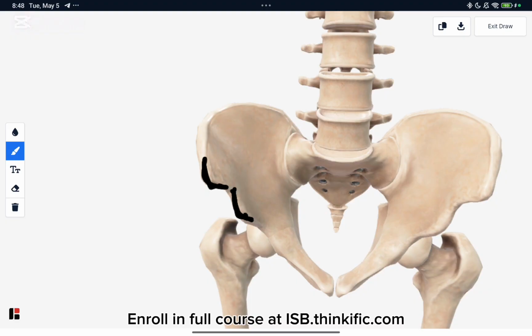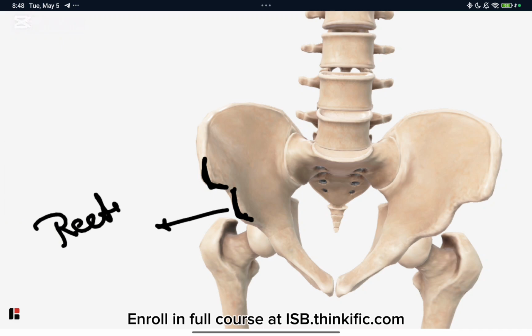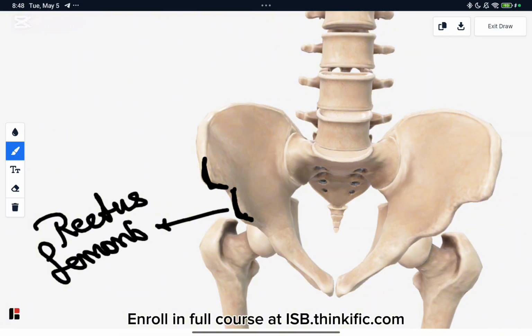It is the site of attachment for a muscle called rectus femoris, a muscle of the lower limb, anterior compartment of the thigh. And also a ligament called the iliofemoral ligament, a very important ligament of the hip joint. It's actually maybe the strongest ligament in the entire body. So we talked about these anterior features.